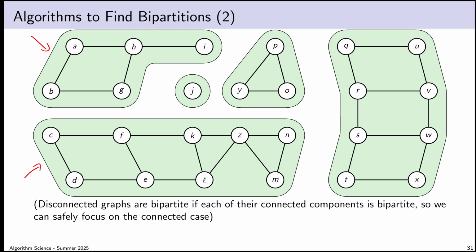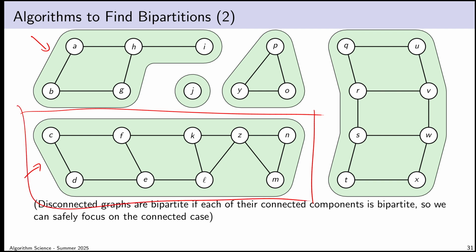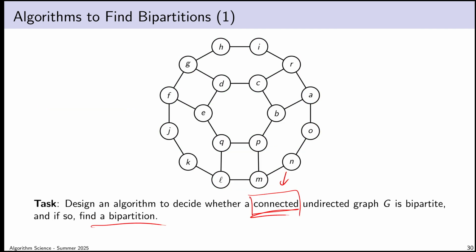So a disconnected graph is bipartite if each of its components is bipartite, and each component can be tested separately. What that means for us is that if we want to find bipartitions, or test if graphs are bipartite, we can focus on a single connected component, on a connected graph.